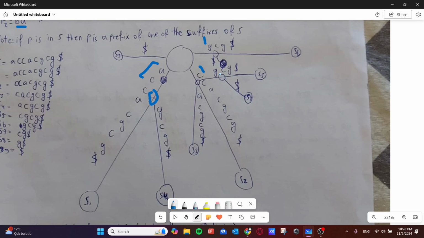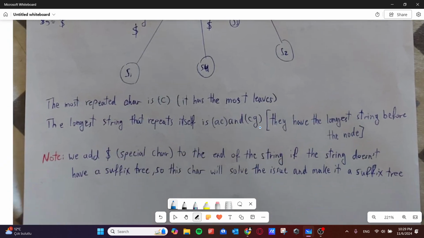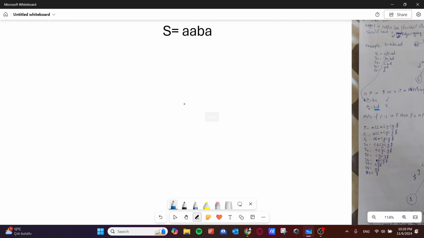Here on this edge, before this internal node, we have G and C. So what is the longest string before the internal node? AC, we found it here, and GC. These are the solutions.